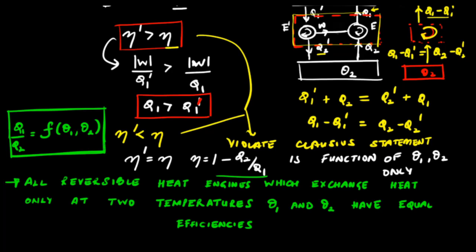And that would be the first step to prove the first part of the second law. By proving, we mean that we want to arrive at the first part of the second law based on the Clausius statement, because this conclusion that we have derived is based on the Clausius statement.